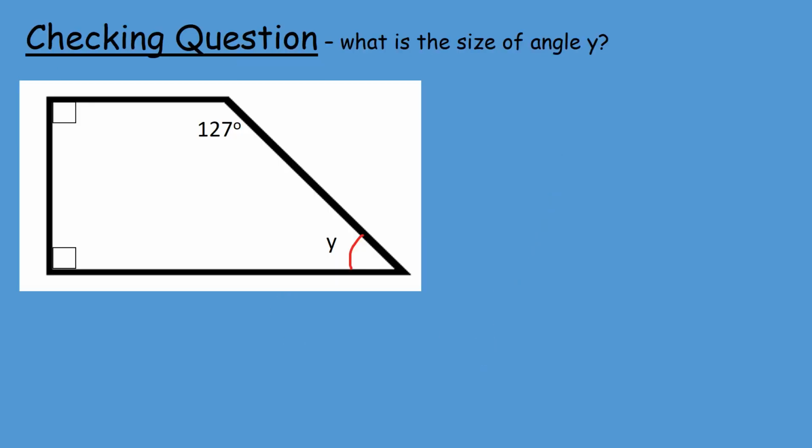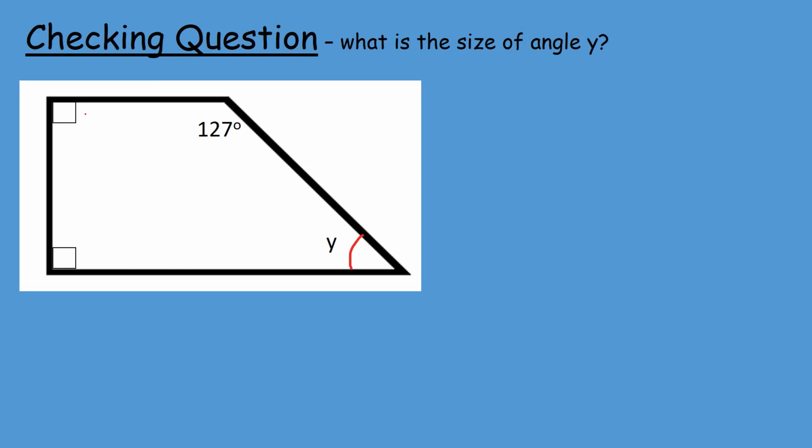So here's our checking question now. So we've got what we call a right angle trapezium. So we've got two right angles here. Okay. And we've got 127 here, and we want to find the angle Y.